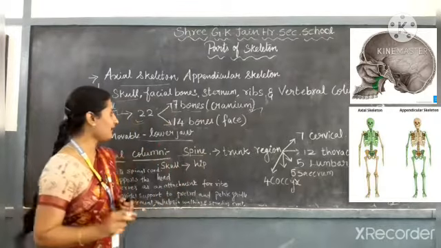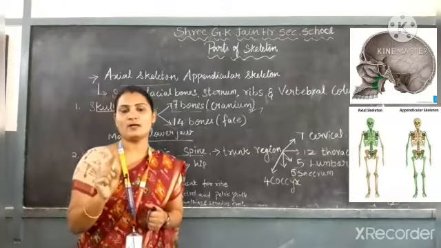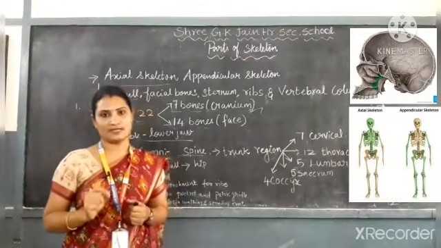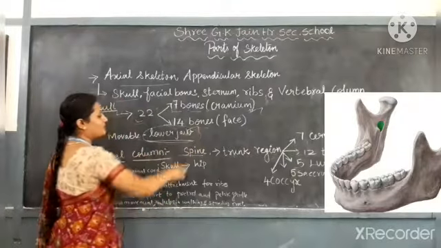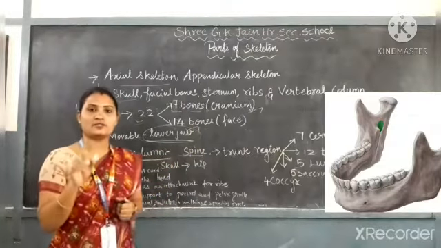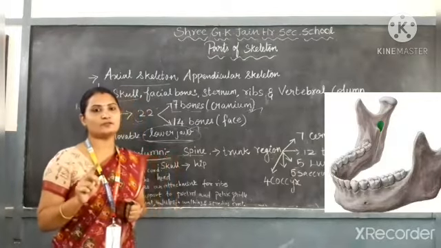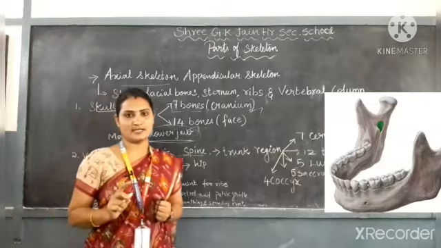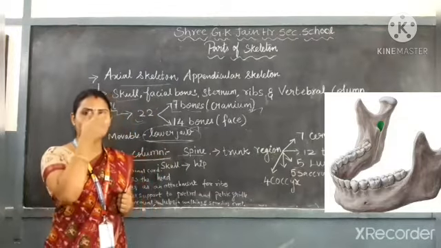Then in the skull system, the only bone which has a movable joint is our lower jaw. This movable joint is possible because of muscles and ligaments, which connect our lower jaw to the skull.